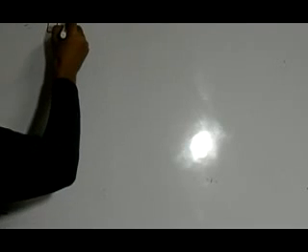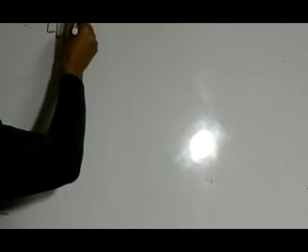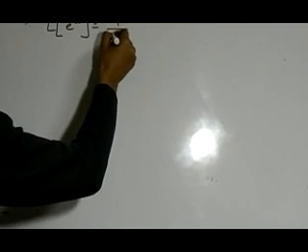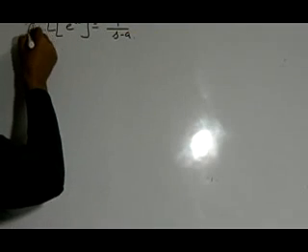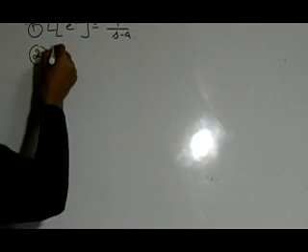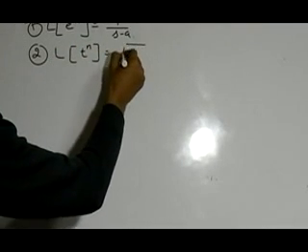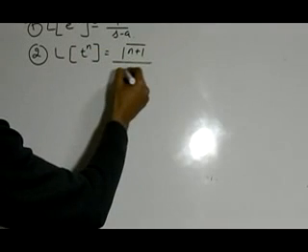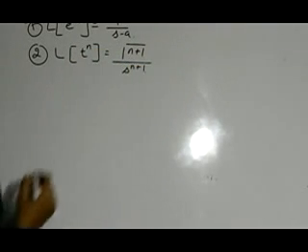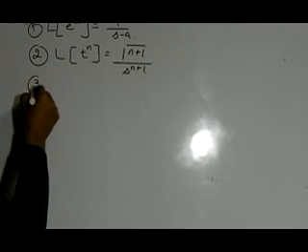Now up to now what we have studied: number 1, Laplace of e to the power at is 1 by s minus a. Number 2, Laplace of t to the power n is gamma n plus 1 upon s to the power n plus 1. Okay, by the same argument we can develop these formulas also.